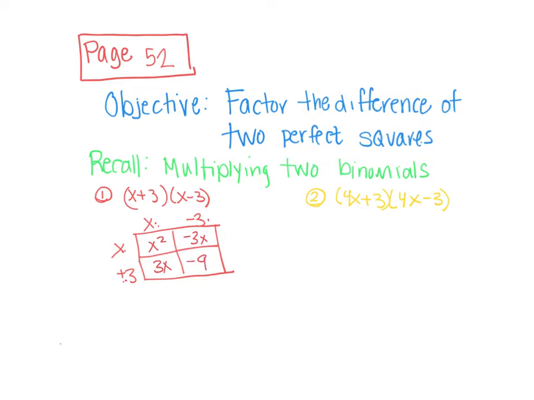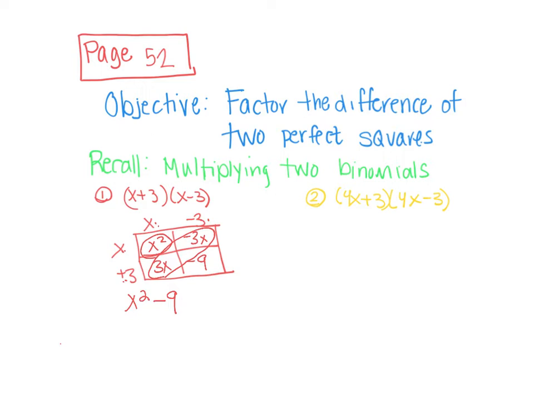And when we go to combine like terms, we're going to see that we have an x squared. But then what happens here is that we have a positive 3x and a negative 3x. And those two terms are going to cancel out, and we're going to be left with a minus 9.